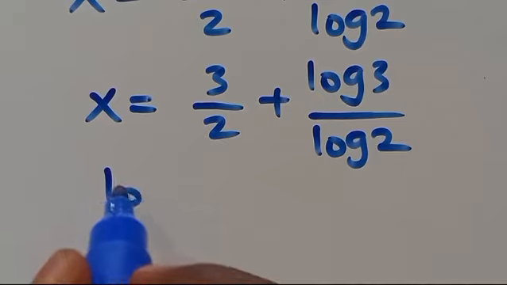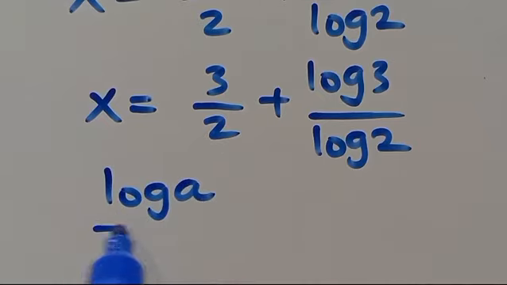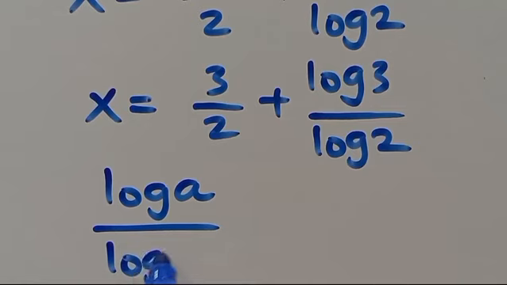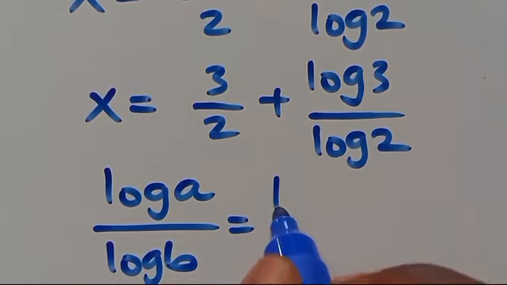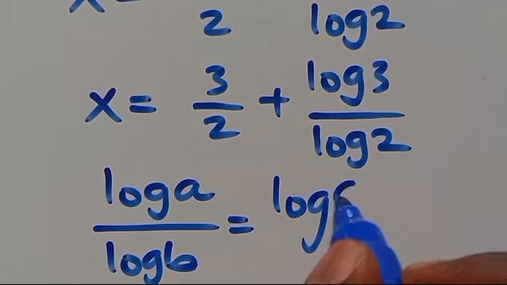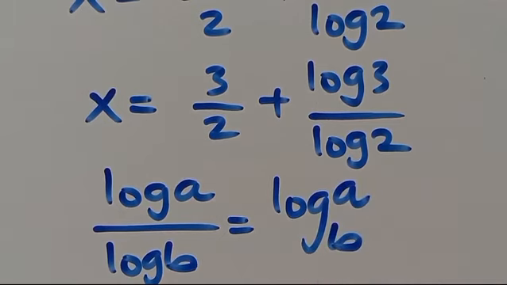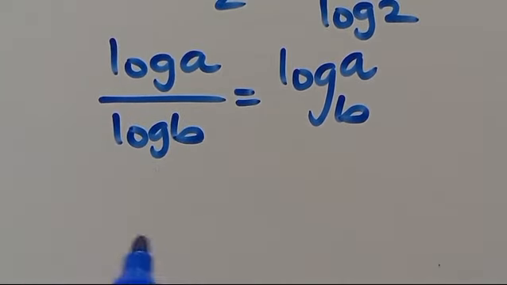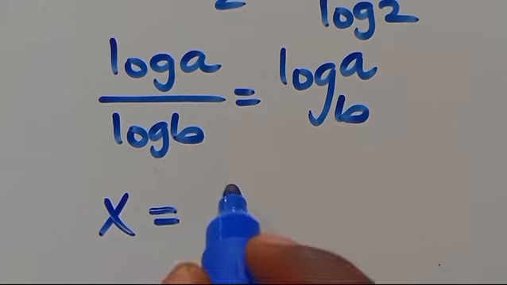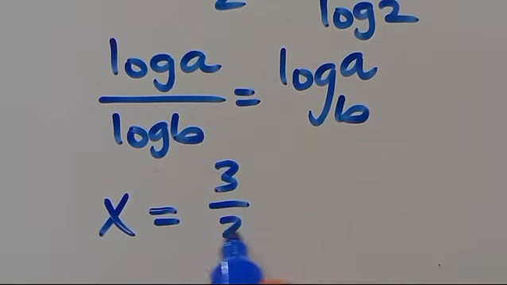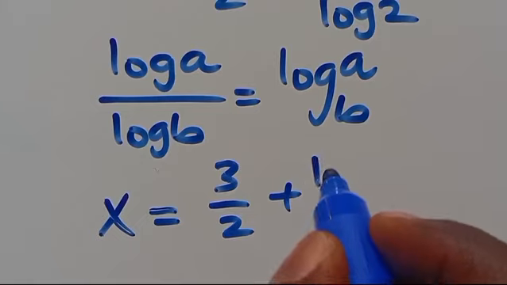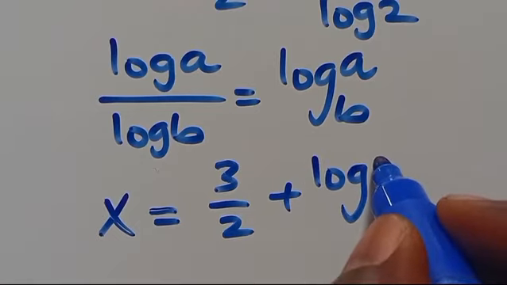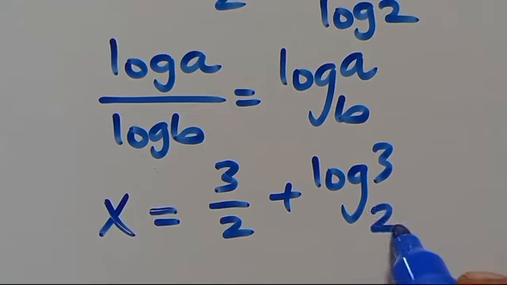Then when we have log a over log b equals log a in base b, we have x to be 3 over 2 plus log 3 in base 2.